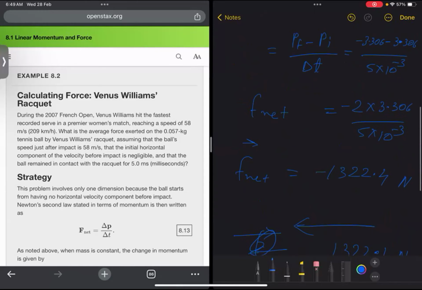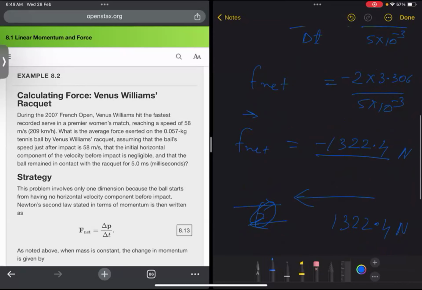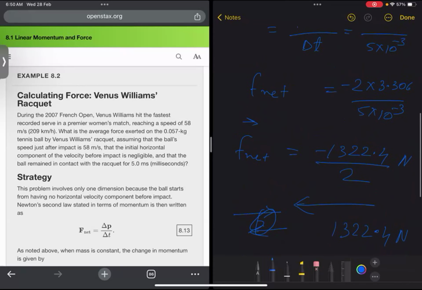So we have to modify just one thing. The final momentum is this, and there is no initial momentum, that is zero. So we will divide this answer by two. We will remove this two here.